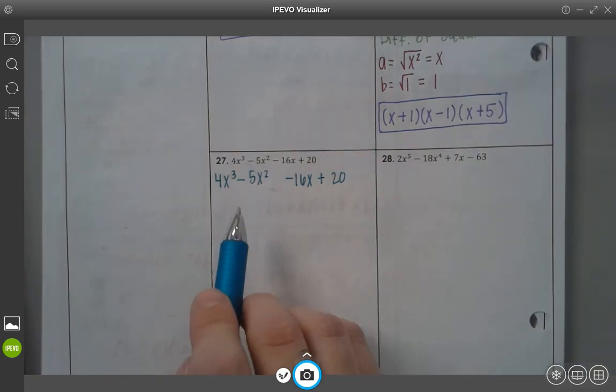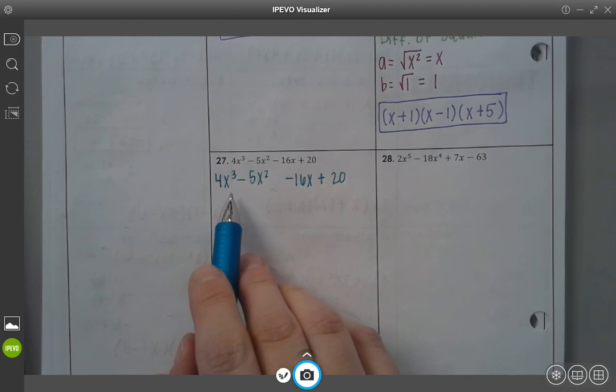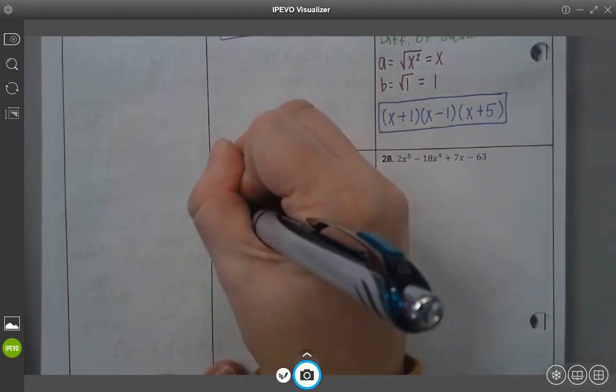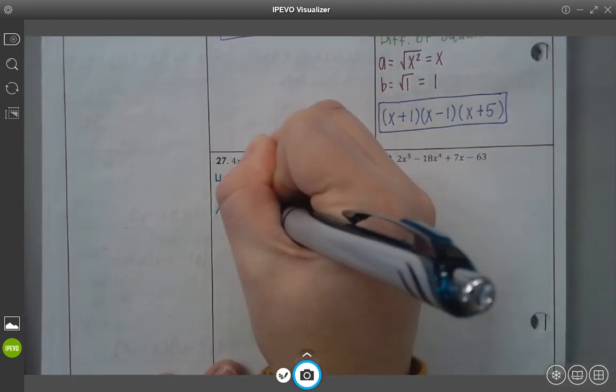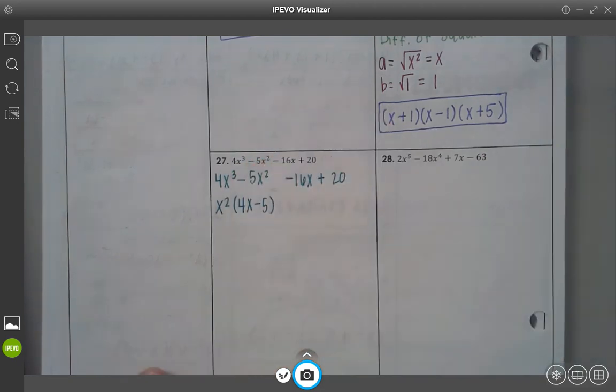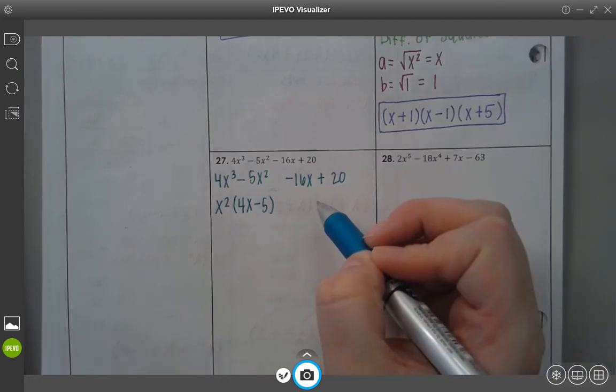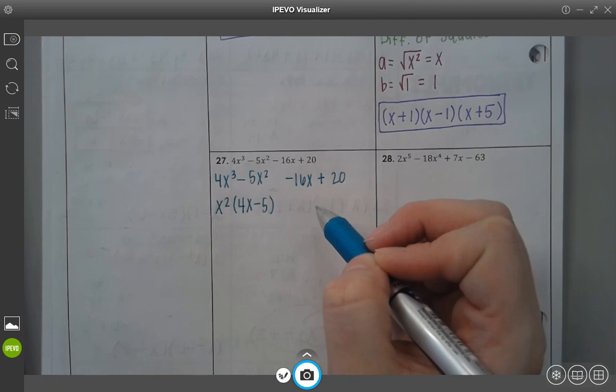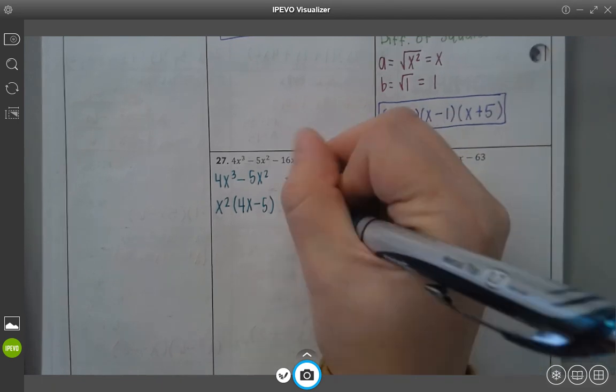First one, what is the GCF? X squared. Leaving you with 4x minus 5. And what's the GCF of the other one? Negative 4.